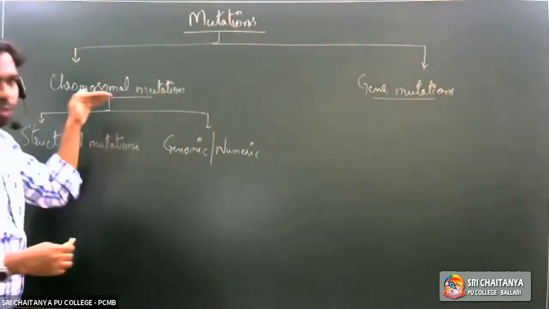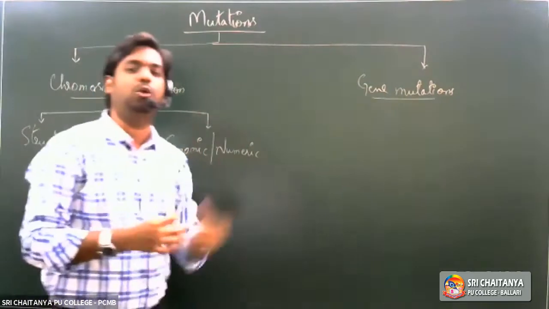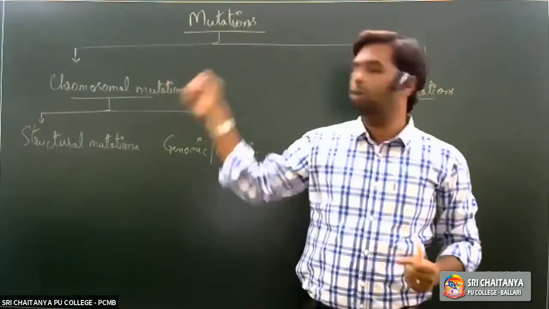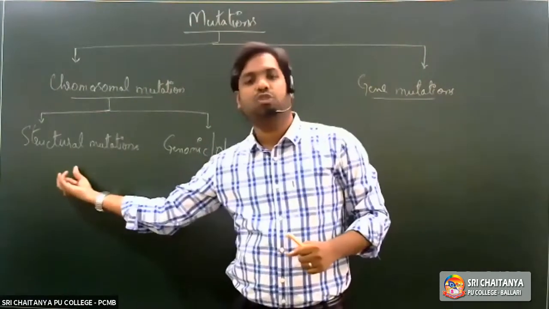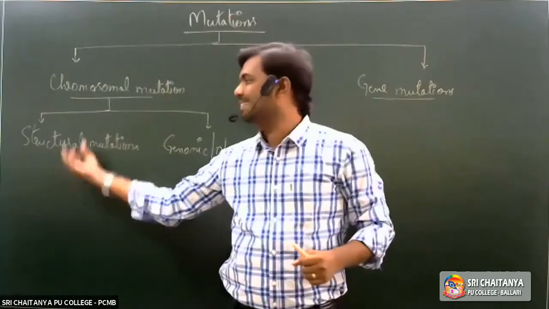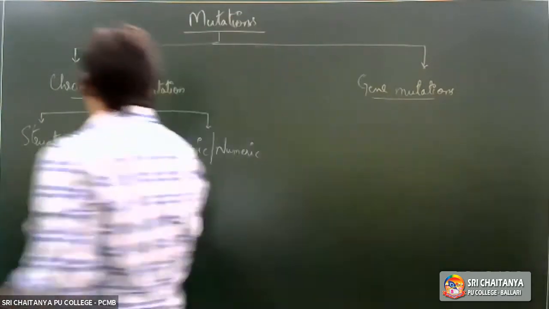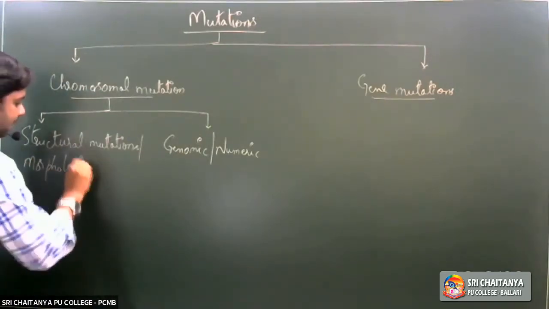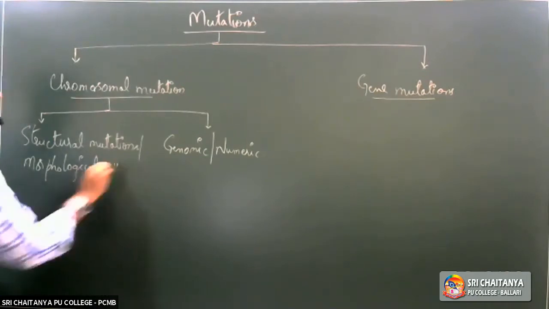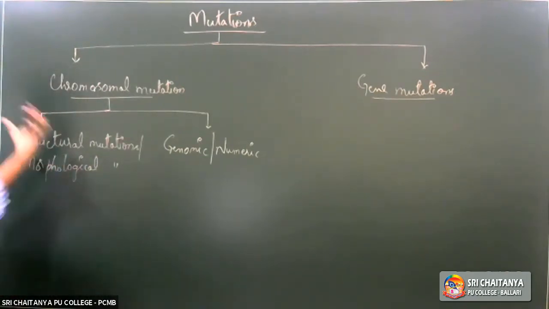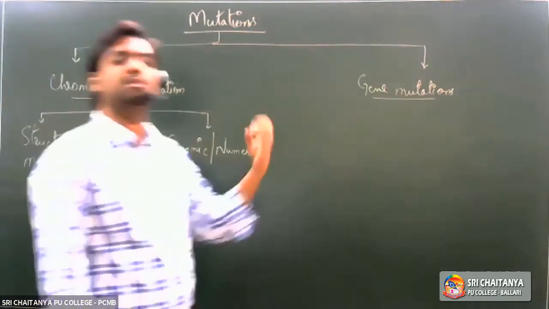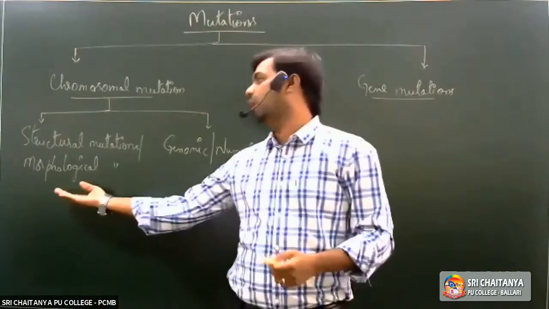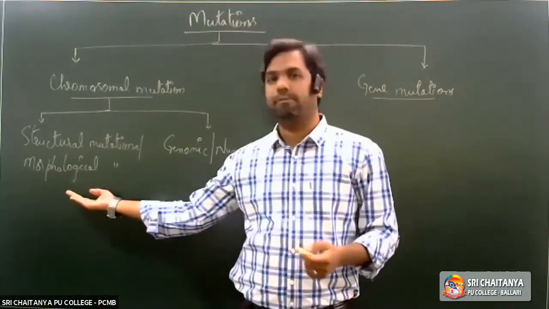Now, this chromosomal mutation can in turn be classified into two major categories. There could be a change in the structure of the chromosome, which we call structural mutation, or morphological mutation.